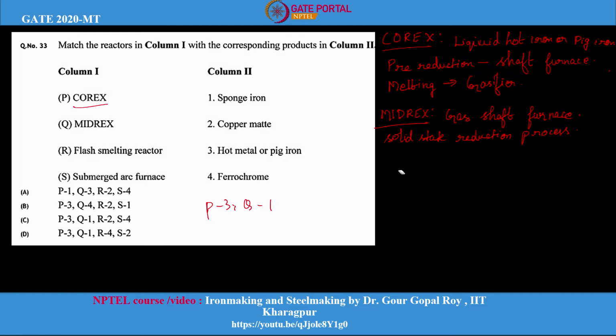The third one is the flash smelting reactor. Flash smelting reactor is a reactor which is used for the smelting process for sulfur containing ore.